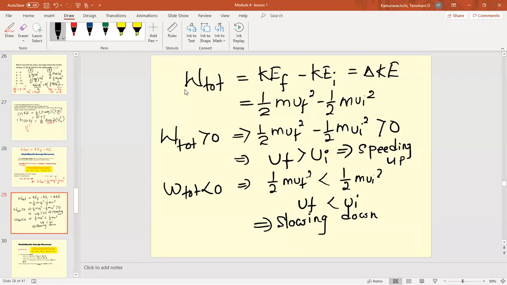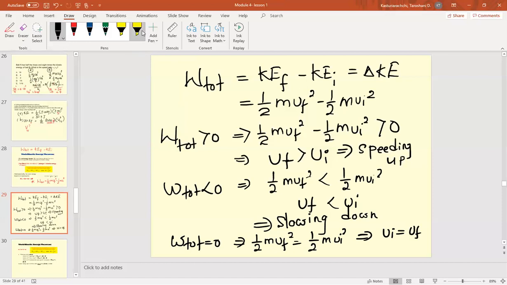How about total work done 0? So that gives you your change in kinetic energy is 0. This is really important. So that gives you vi is equal to vf. So what does that tell you?